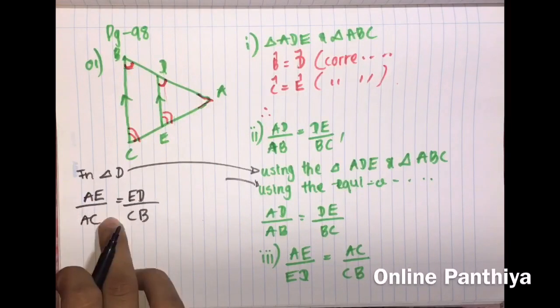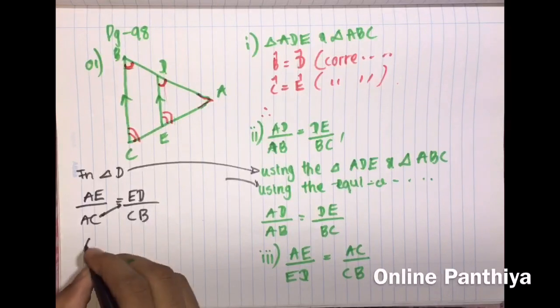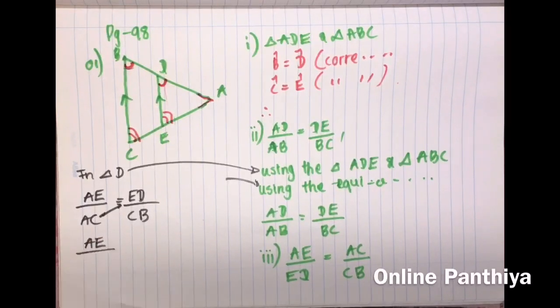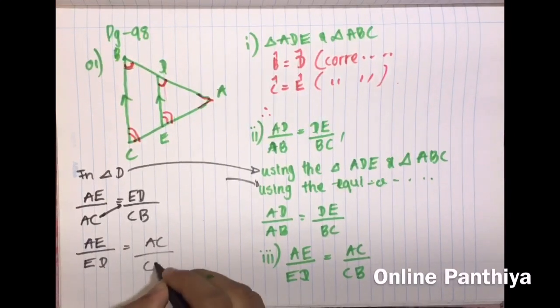Now from this equation, how do you get this equation? You have to cross multiply. AE over ED is equal to AC over CB. Is that clear? It's easy, right?